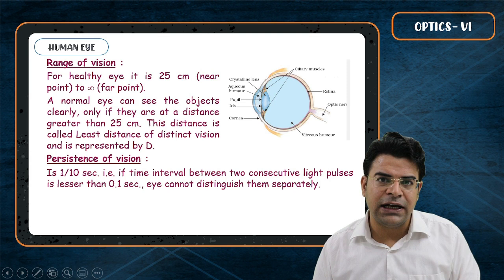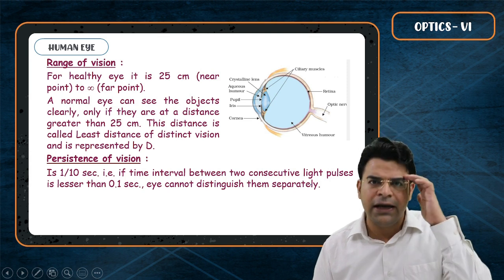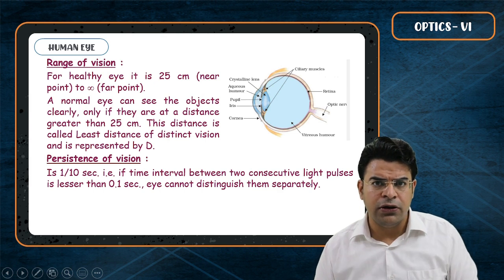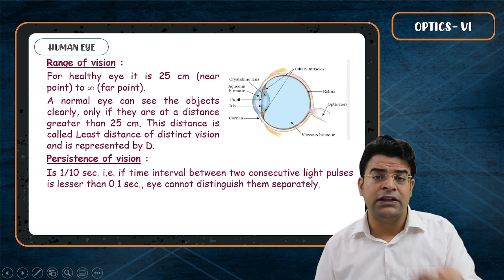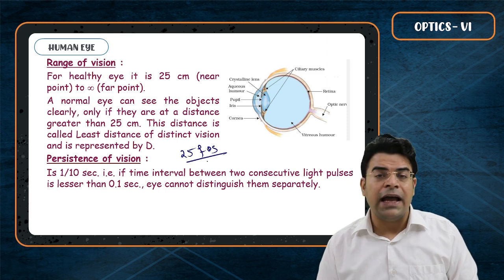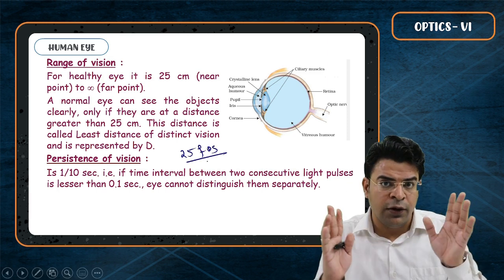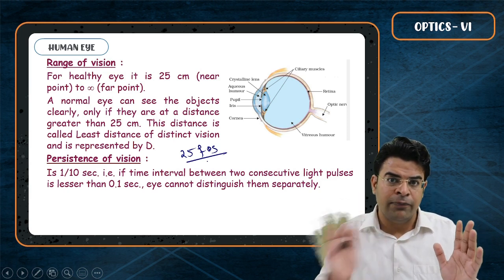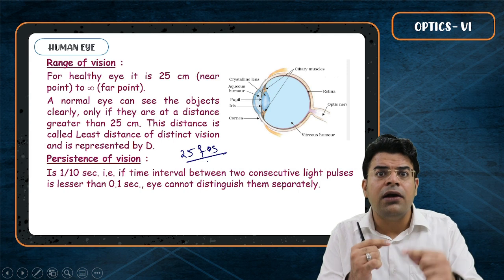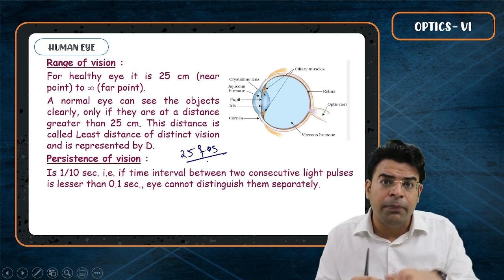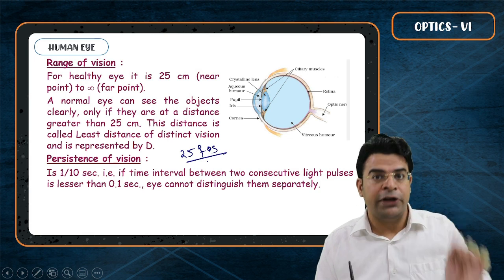Some people say that it is the brain that can't distinguish them separately. When we look at a movie, or when you are looking at this recording, which is being done at 25 frames per second, actually there is no continuous motion in front of you. 25 pictures move in front of you every second, and since your brain can't differentiate between those pictures, it appears as a continuous motion picture.